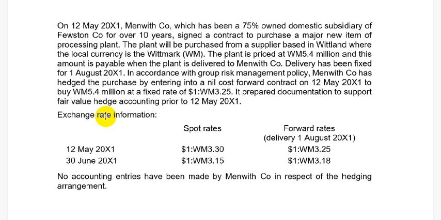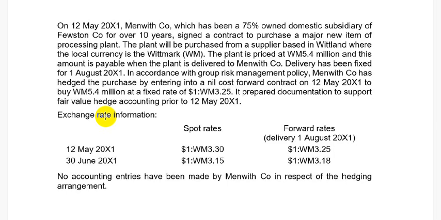In accordance with group risk management policy, MCOR has hedged the purchase by entering into a forward contract on 12th May 20X1 to buy 5.4 million at a fixed rate of $1 to 3.25 WM.